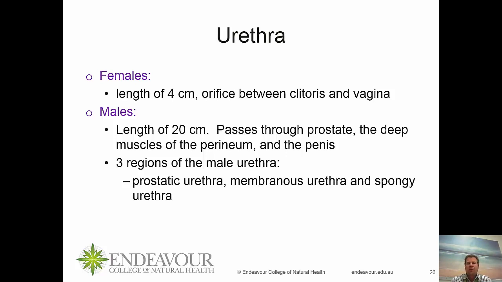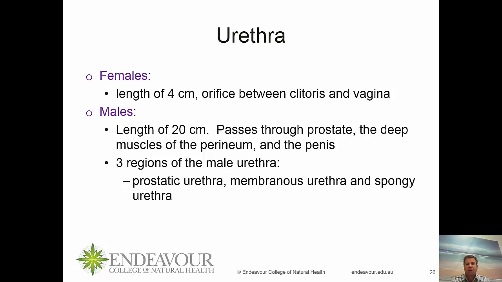As the urine's travelling out, it's got to travel down a structure called the urethra. Females have a very, very short urethra, 4 centimetres long. Males, in contrast, have a ridiculously large urethra. Why do they have a ridiculously large urethra?